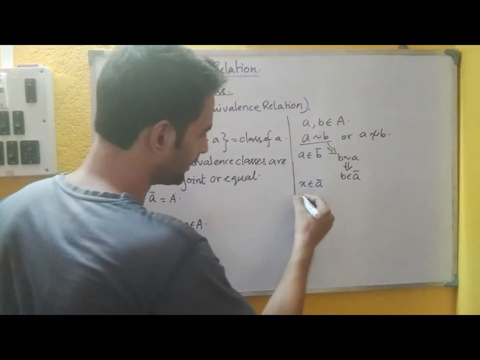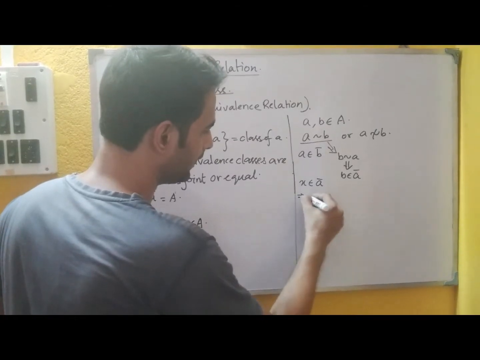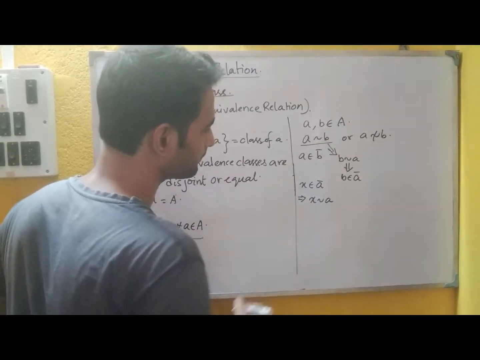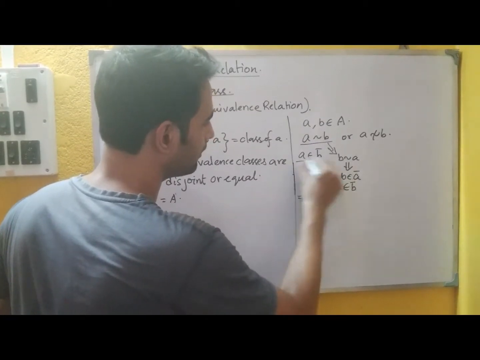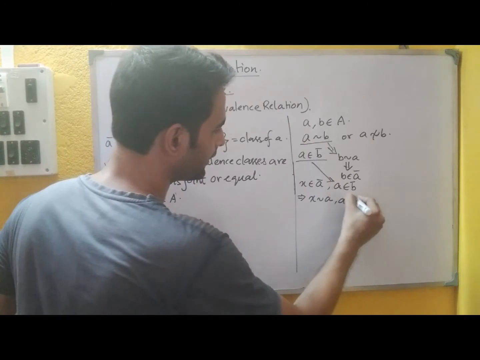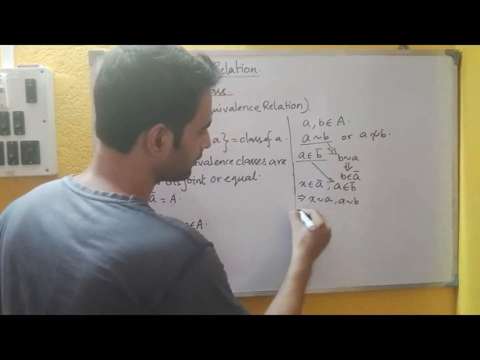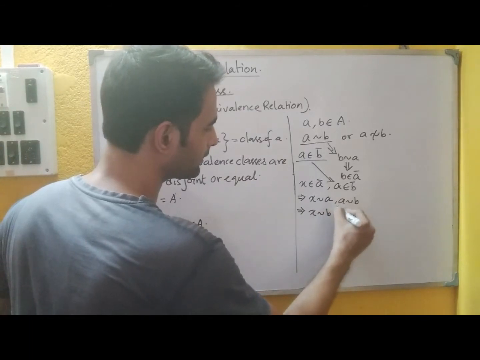So see what happens. If x belongs to class A, we can say x is related to A, and since A belongs to class B, then we can say A is related to B. So from here we can say that x is related to B by transitivity.